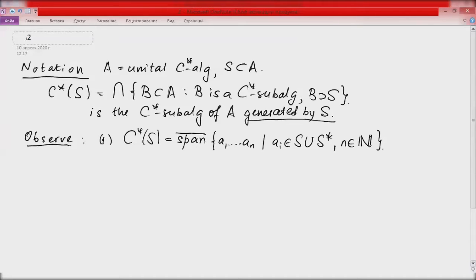Now, this is very easy because the right-hand side of this equality is easily seen to be a C-star subalgebra. And it is obviously the smallest C-star subalgebra containing S.